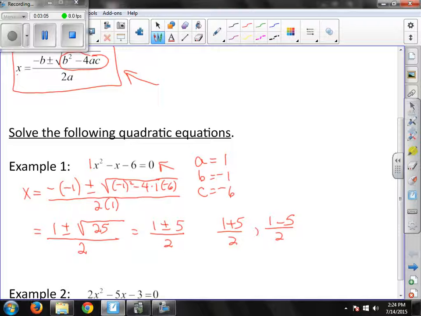So simplifying that, I have 6 over 2 and then negative 4 over 2. Simplifying those, here's what x is equal to. 3 and a negative 2. There are two solutions to this quadratic equation.